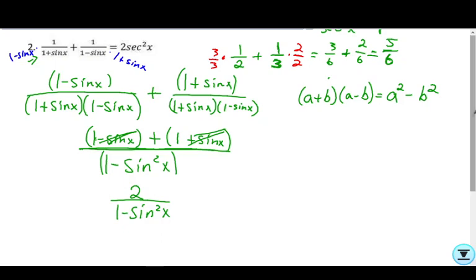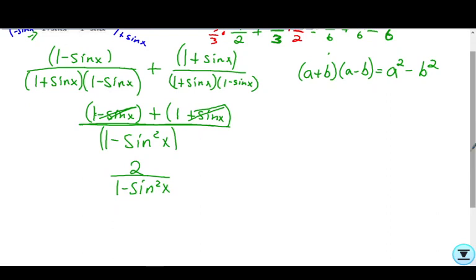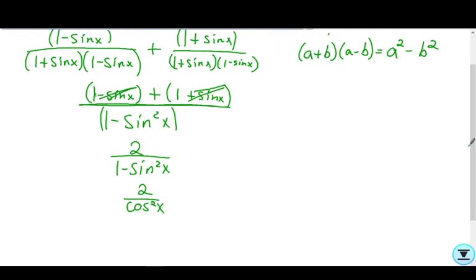And under my Pythagorean identities, I have written down that 1 minus sine squared is, in fact, cosine squared. And again, using that idea of dividing by something being the same thing as multiplying by its reciprocal, instead of taking 2 and dividing it by cosine, I'm going to multiply by its reciprocal, which is secant, and then that is my answer.